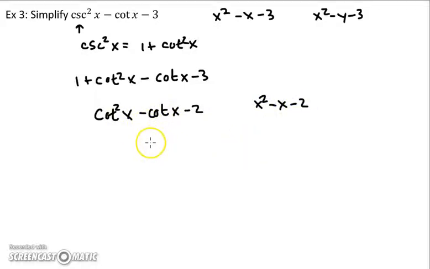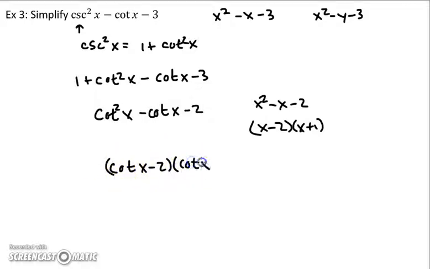And if we were going to factor that, we would get x minus 2, x plus 1, but we don't have x's, we have cotangents. So really our answer is cotangent of x minus 2 times cotangent of x plus 1.